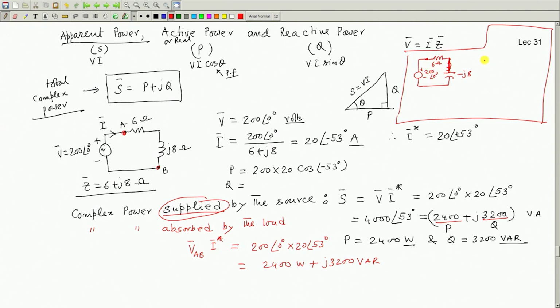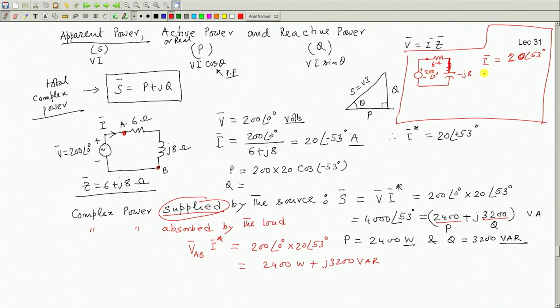The only thing is the current will now be leading, 20 angle 53 degree. Current will be leading the supply voltage. Supply voltage is 200 angle 0 degree.